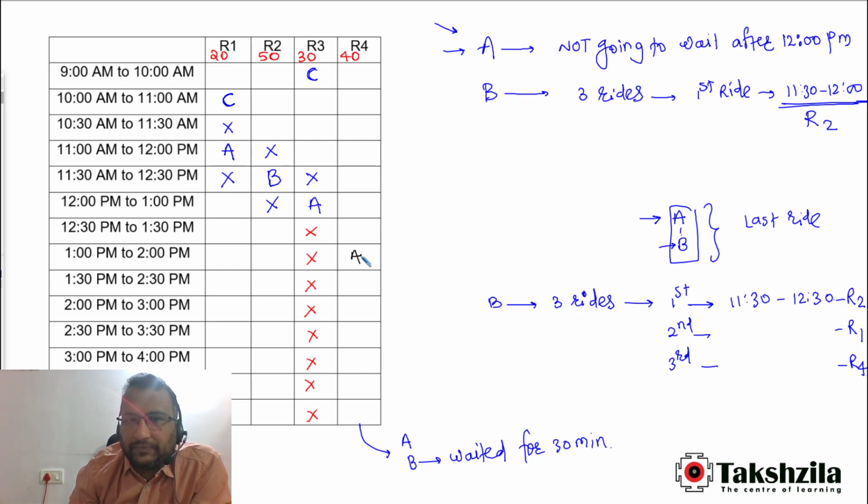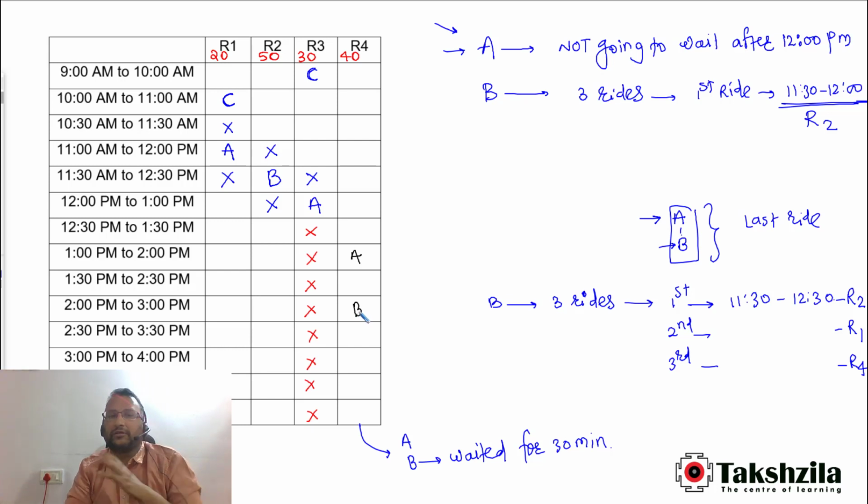In that case, B will start at 3 o'clock to 4 o'clock. Sorry, 2 o'clock to 3 o'clock. In this case, what is going to happen? B starts at 2 o'clock to 3 o'clock.